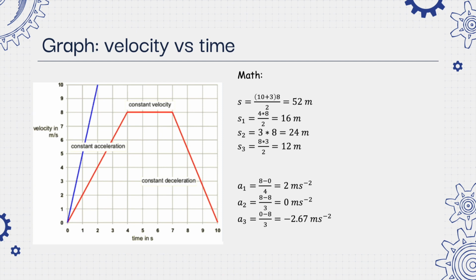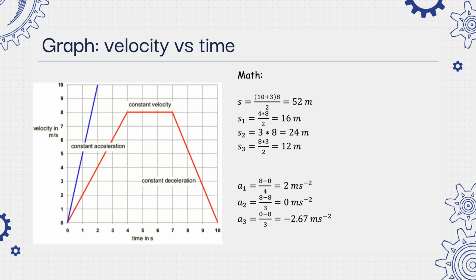Then for the second part, we can see it's a rectangle, so it's just base times height. It's 3 times 8, 24 meters. Then the third part is still a triangle, and it's 8 times 3, base times height, divided by 2, so 12. If you want to calculate the total displacement, the total distance traveled, we can just sum all 3 components, or we can calculate the area below the whole red line, which in this case is a trapezoid.